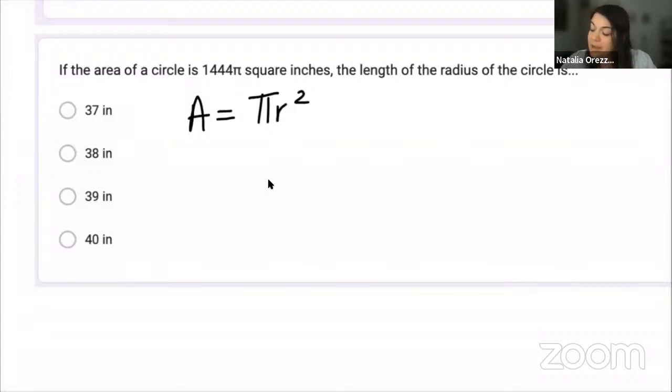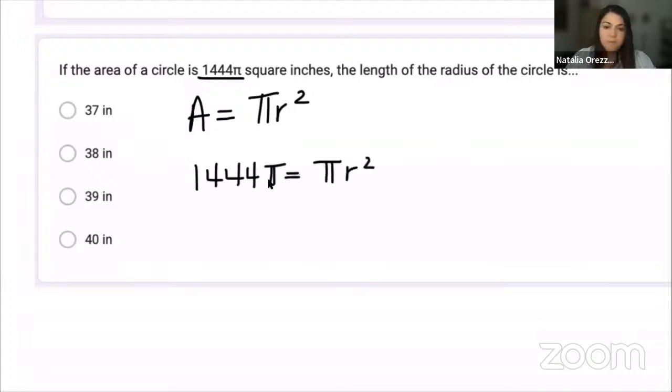Now, here it gives us the area of the circle, so we're going to write 1,444 pi is equal to pi r squared. The first thing I notice is that we have a variable. We don't call it x, we're calling it r, but this is our unknown. We also have pi on both sides of the equal sign.